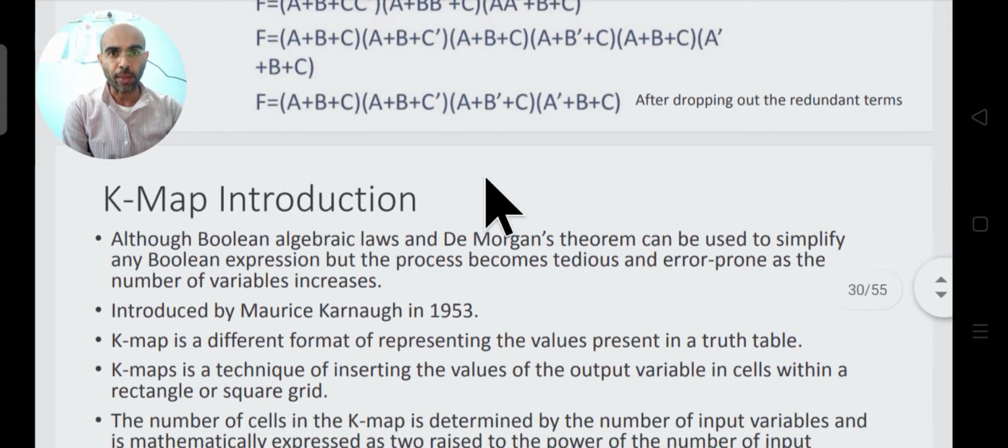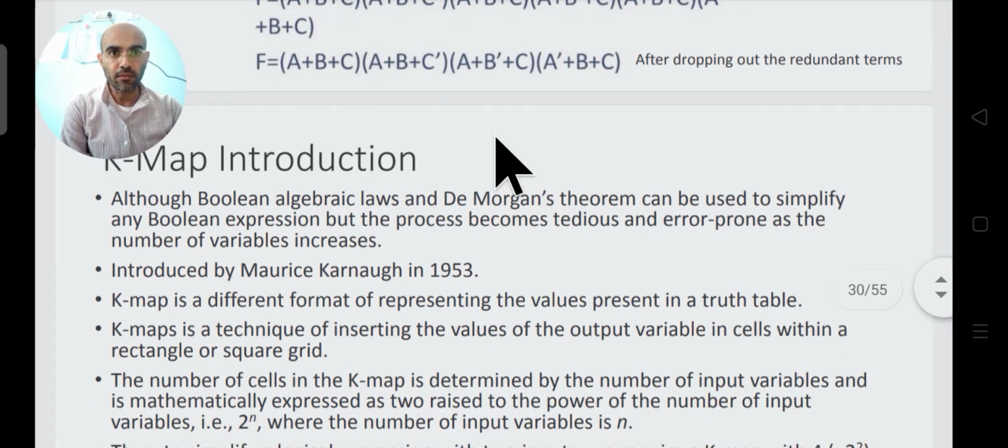Once we have the canonical form, the most comfortable way to represent the Boolean expression is with the help of min terms also. If the canonical form is not given and you have the min terms or the max terms, then also it is easy.